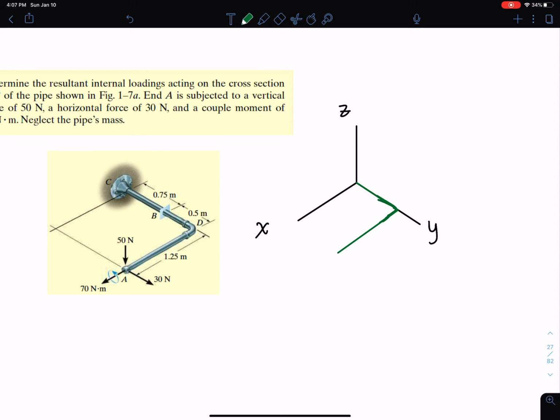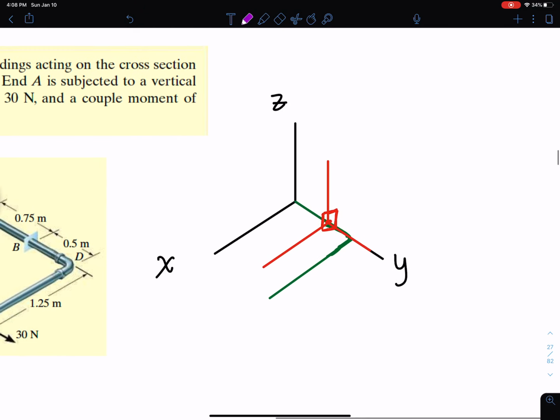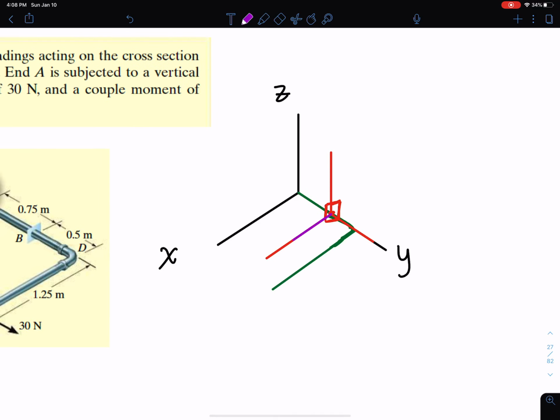What we want to know is, at some point B, we make a cut. We'll start with the x: I have my FBX, and my FBZ, and I have my FBY. These are the internal forces that I'm exposing when I make this cut.